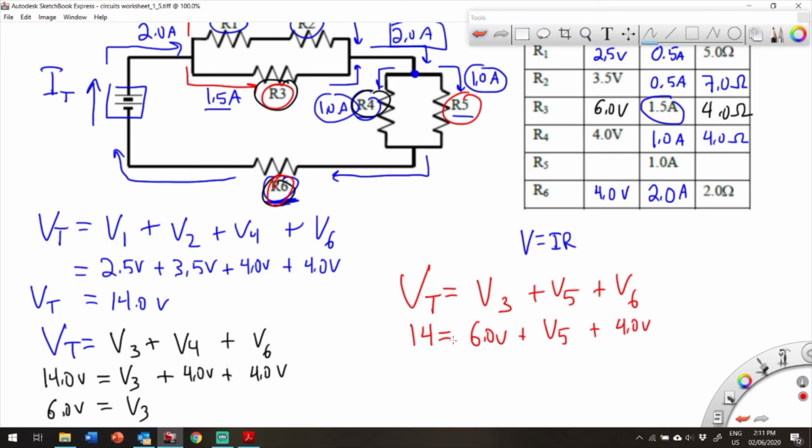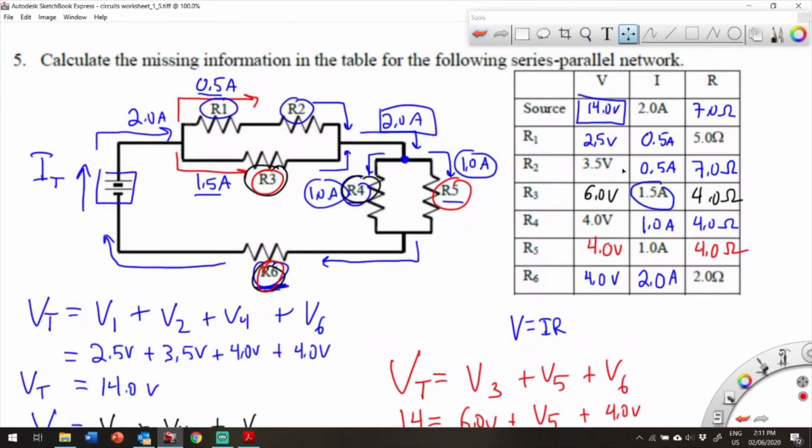Doing the math, 14 minus 6 minus 4 is 4 volts, which equals V5. So we'll put 4 volts here and do the math, which gives 4 ohms. There we go. That's how we solve this one, using a combination of Ohm's law and Kirchhoff's law.